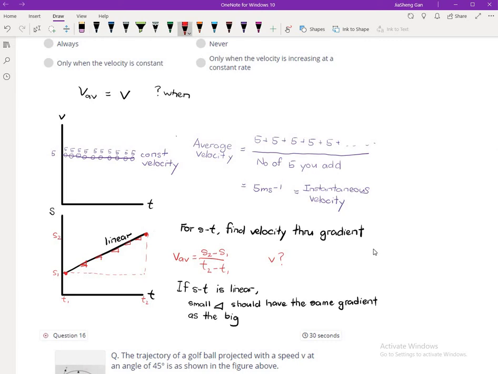So if they have the same gradient, it means it should be same for average and instantaneous. Okay, this little gradient triangle here has the same gradient as the big triangle here. So they will be the same answer. So you should know that the average and the instantaneous velocity are the same. Okay.